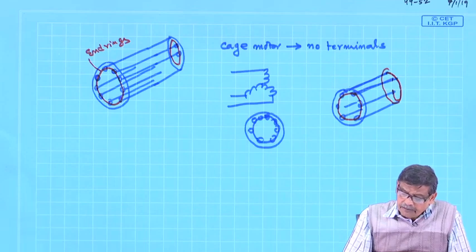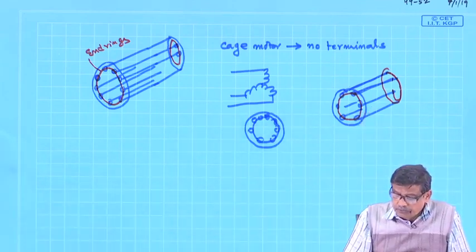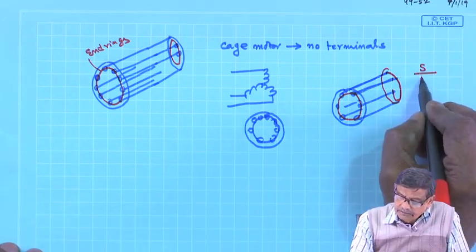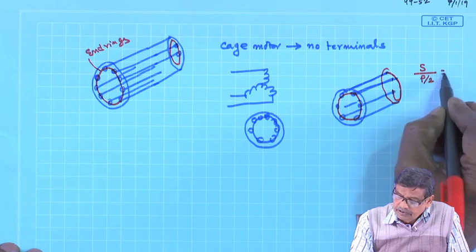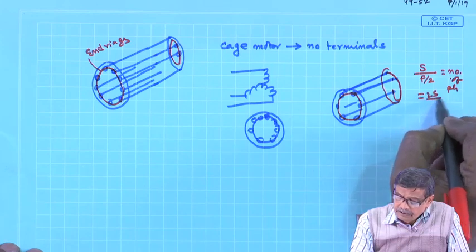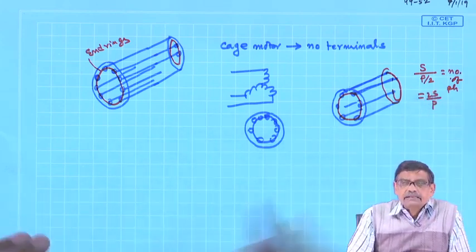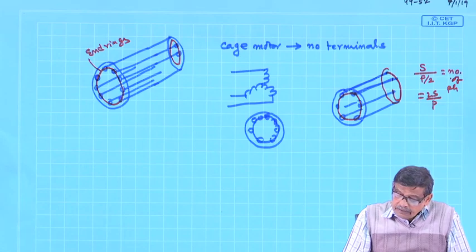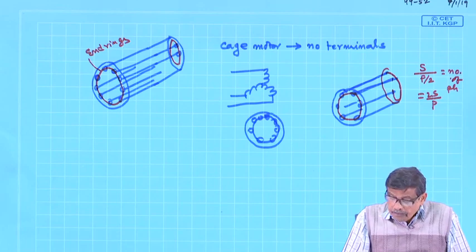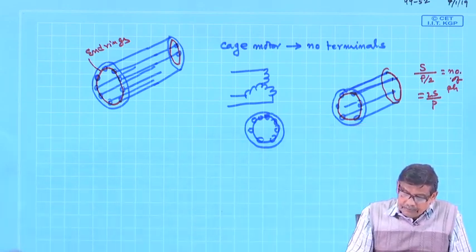Therefore, this cage induction motor was shown to have a number of phases that can be thought of as 2s by p, a balanced polyphase winding, and therefore, it too will produce the same number of poles. So, that is the idea.